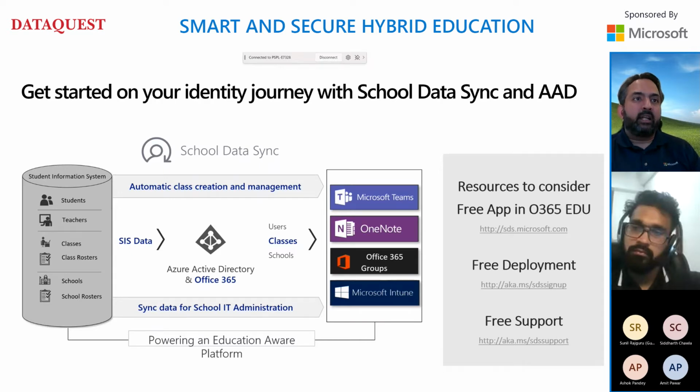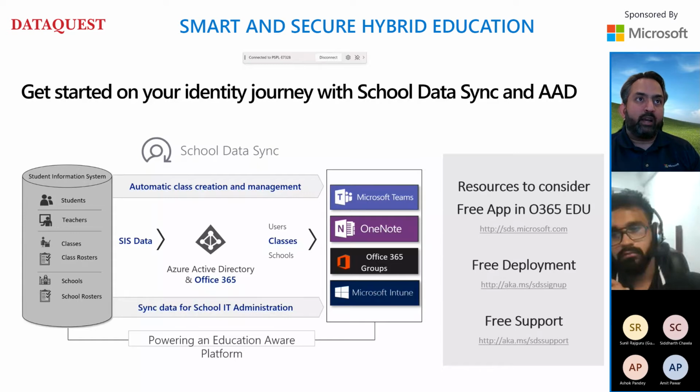It has been done deliberately to make sure that we are powering an education-aware platform, because there are certain nuances around education, the way things get deployed. We use the OneRoster API or the OneRoster CSV file system.